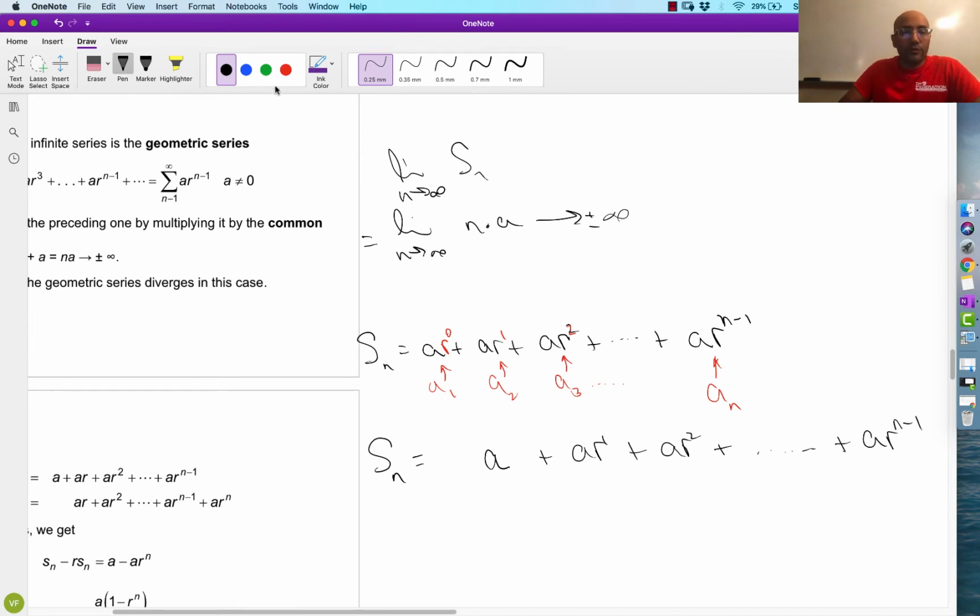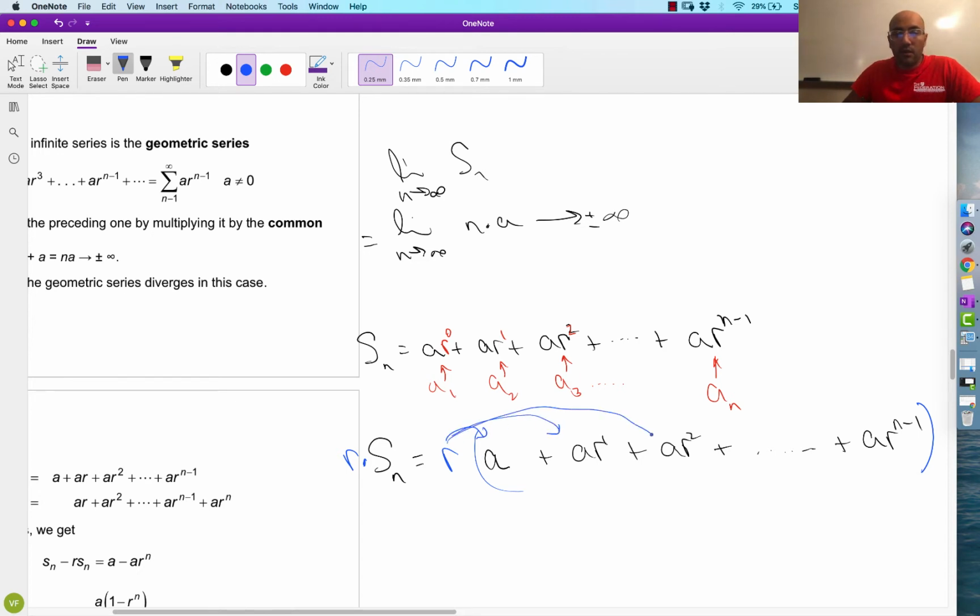And the trick is to multiply the left-hand side by r, and multiply the right-hand side by r. As long as we're multiplying both sides of the equal sign by the same quantity, we maintain that equality. And then we're going to distribute.